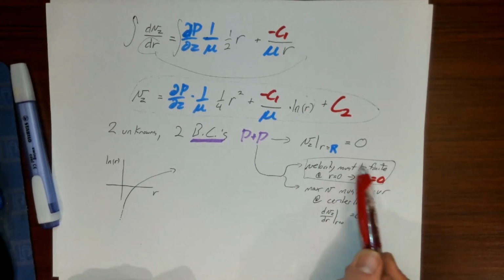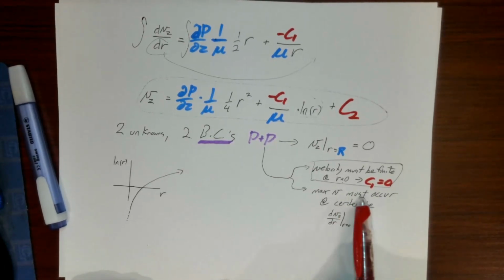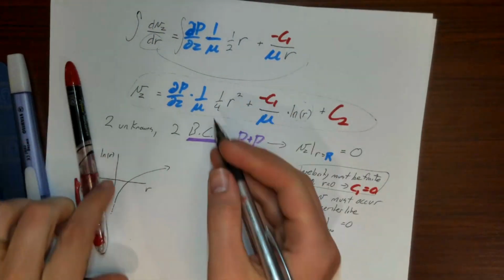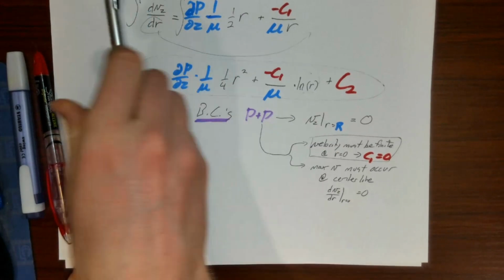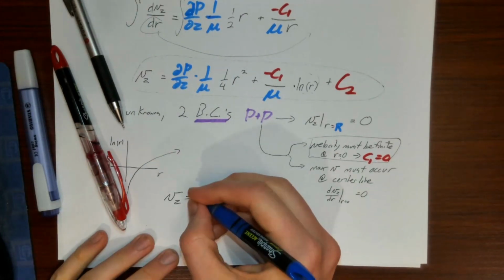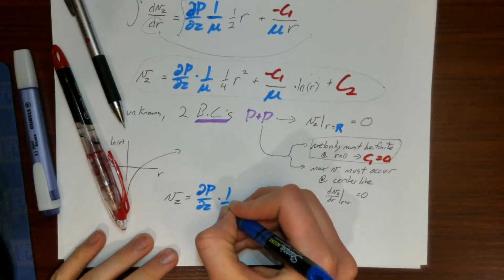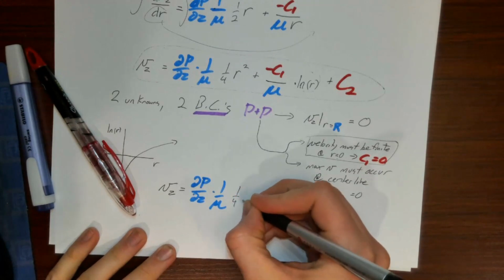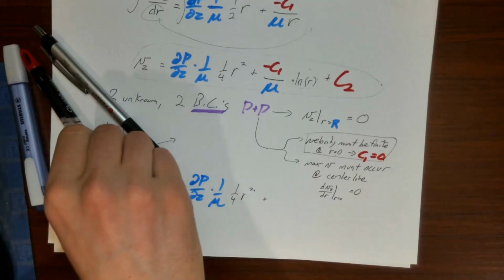And it turns out that we would have concluded the same exact thing if we had applied this other idea right here. So we get a slightly simpler version for our z velocity. Vz is equal to dp/dz times 1 over mu times 1/4 little r squared, and we don't have this term anymore, so now we just have our plus c2.